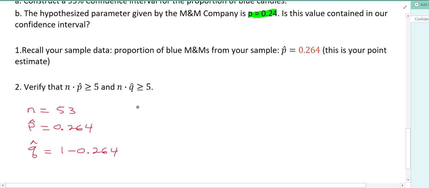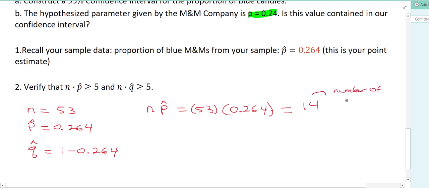And so verifying n p hat. We're going to do the 53 times the 0.264, which I end up getting 13.99, which I'm going to round to 14, which notice was my number of blue M&Ms.